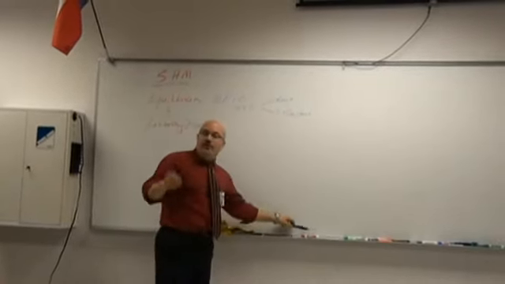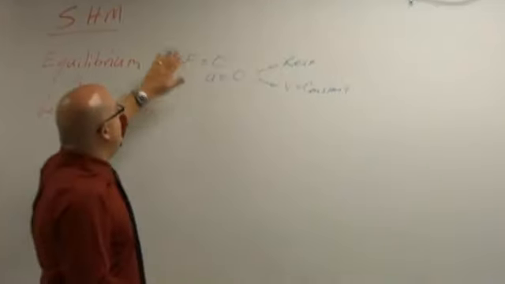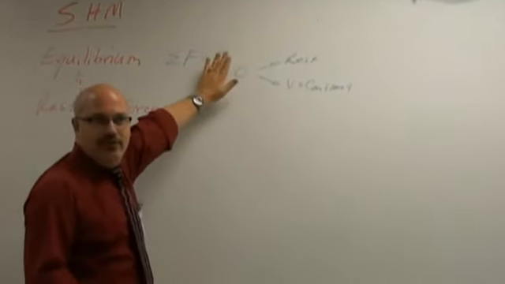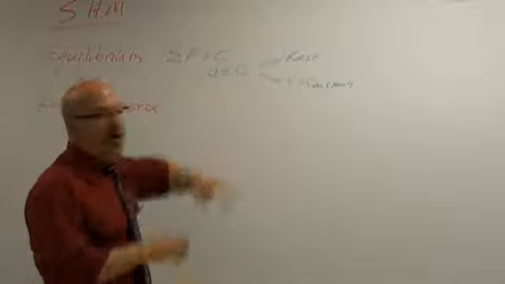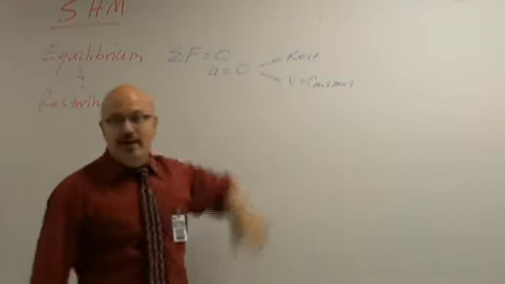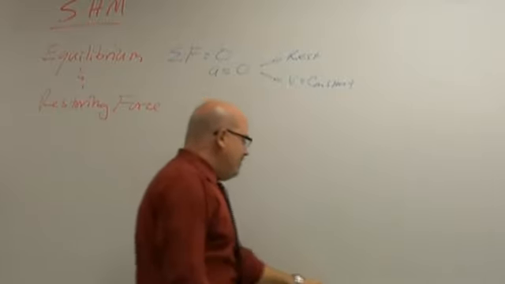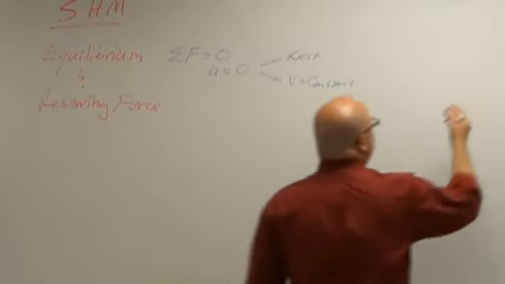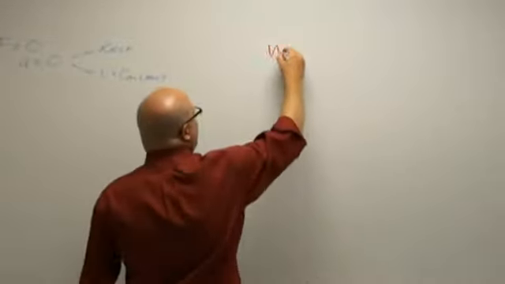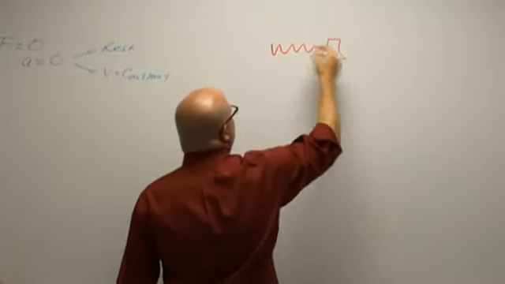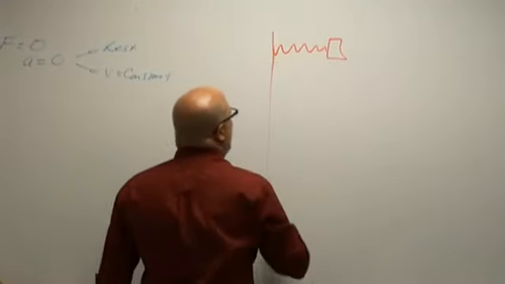Okay, so in simple harmonic motion, there has to be a place where the forces all cancel, so the acceleration is 0, and where at least momentarily it's at rest. And there has to be a restoring force. An example of that is a mass on a spring. And I'm going to make this horizontal.